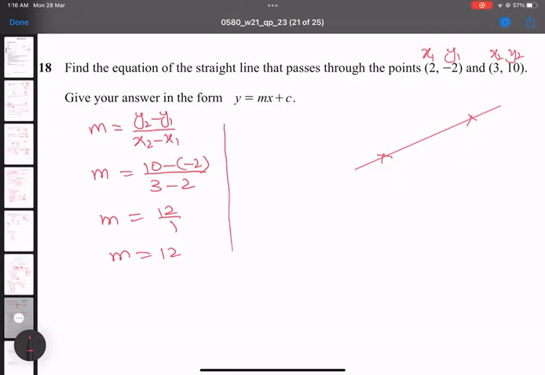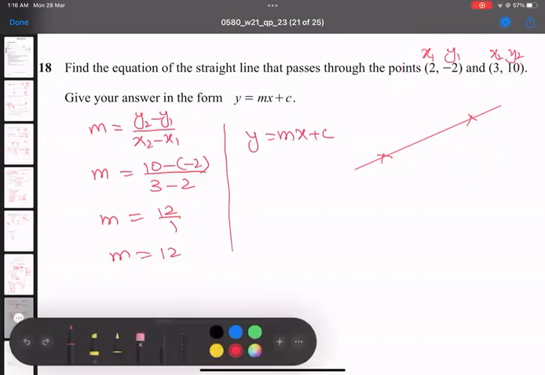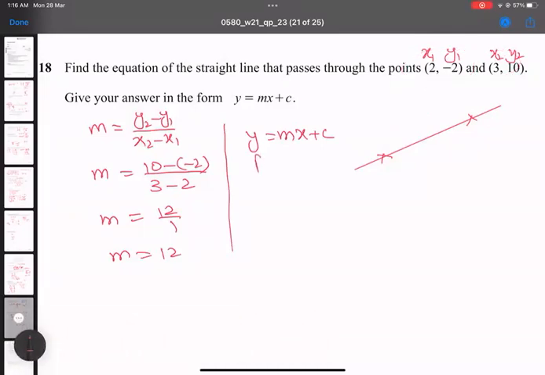But how to find it further? Next, we must find c. So y is equal to mx plus c. I can use any point you like, either this or this. It is our wish. I use the second one. Most students use the first one, but I use the second one. You can check it with different values.